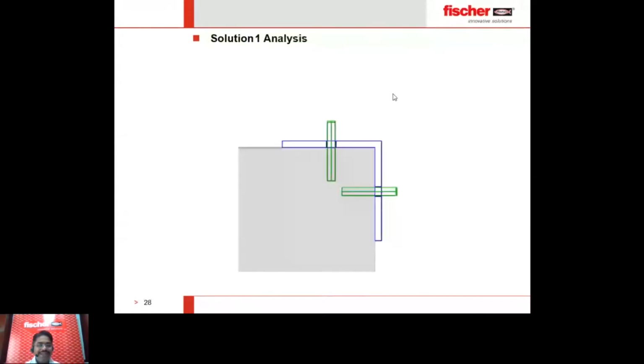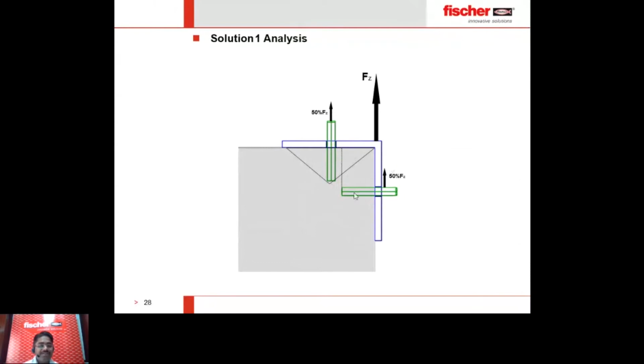Why? Let's go for a small analysis. This is a 2 anchor arrangement. When there is a vertical upward force Fz, this is what happens in the actual case. This anchor is under tension and this anchor under shear, which is really worse.